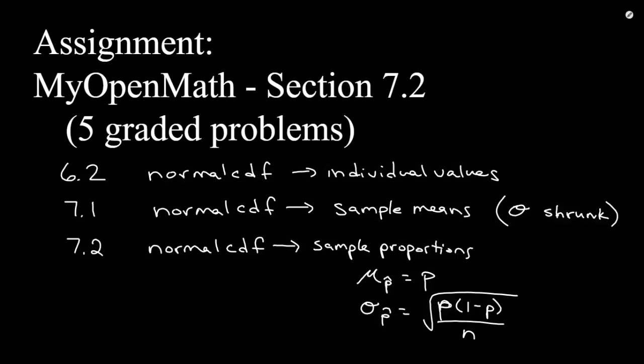So you're going to do those things each time, and then you're going to make sure that you type it into the calculator, normal CDF on all three of those, but you've got to make those adjustments for the standard deviation and the mean when they change for the samples. So go ahead and try those 5 problems, but again, keep in mind the similarities and the differences that we've learned in these past few sections.